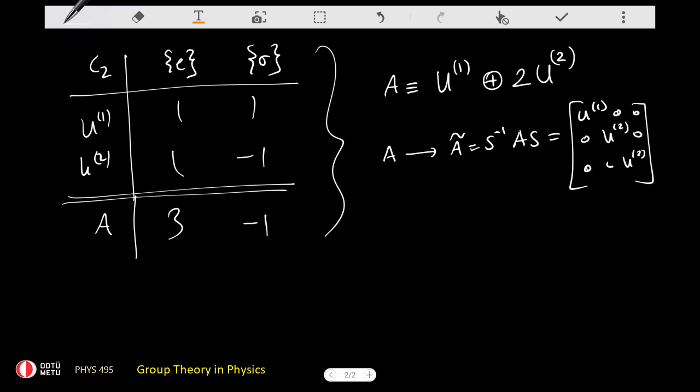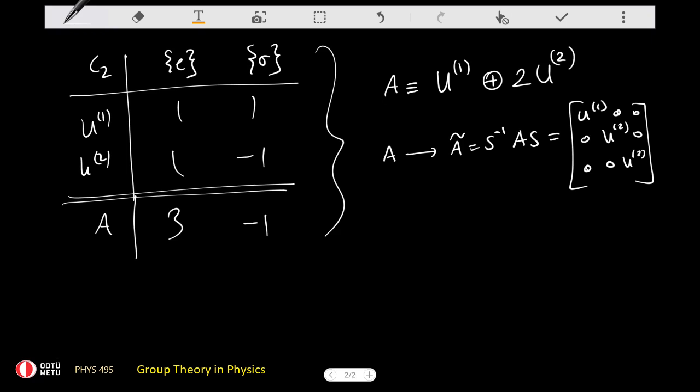These are of course 1 by 1 blocks, but in any case, there is a similarity transformation where this is basically diagonal, and we would like to find these. So that's it. So what are the normal modes in that case?